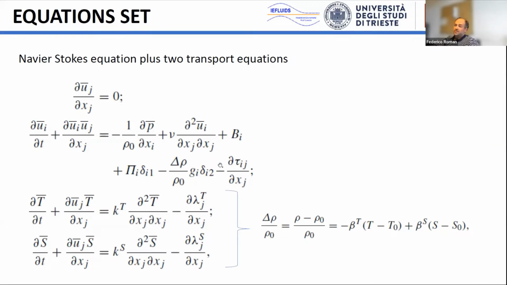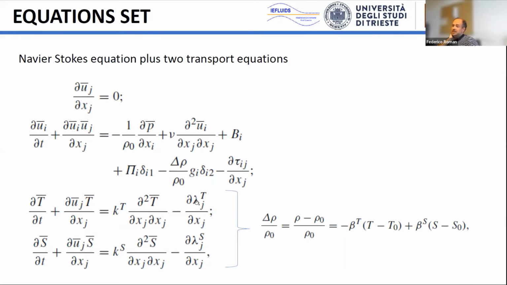And because of this, we have a resolved Reynolds stress due to the grid size that we are implementing. Then on the right-hand side of the equation, we are considering also a body force, together with the viscous term and the buoyancy term. The body force will later be used, for example, to apply an actuator disk model to represent the turbine. Together with these two equations, we solve also two transport equations, one for temperature and one for salinity.